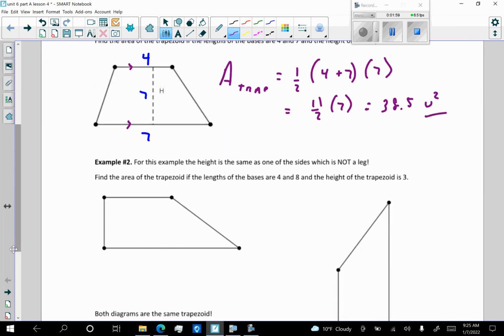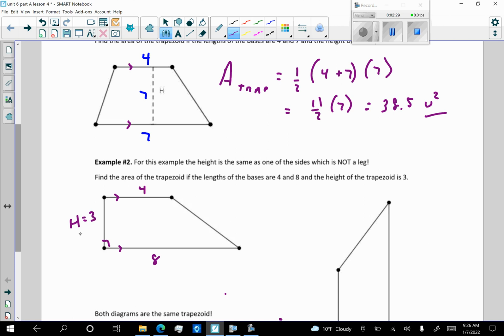Example number 2. For this example, the height is the same as one of the sides, which is not a leg. This is going to be your height right here, and it is one of the sides. And here are my parallel sides of the trapezoid. For this trapezoid, the lengths of the bases are 4 and 8. That one is 4, this one is 8, and the height of the trapezoid is 3.